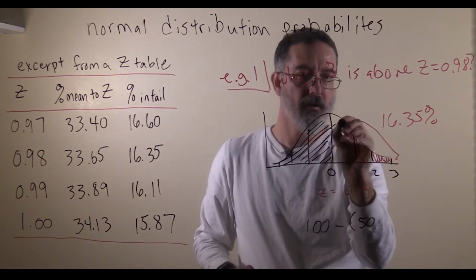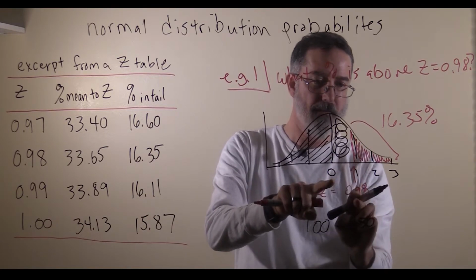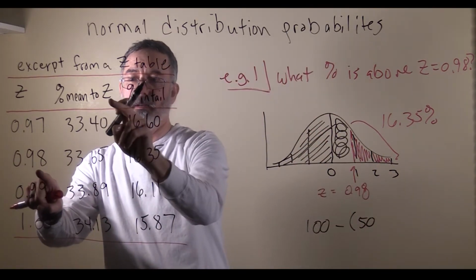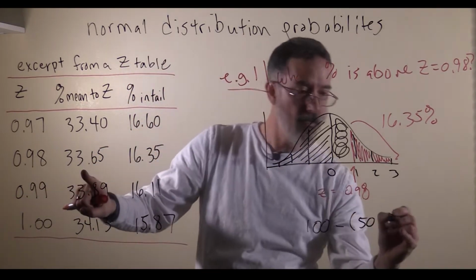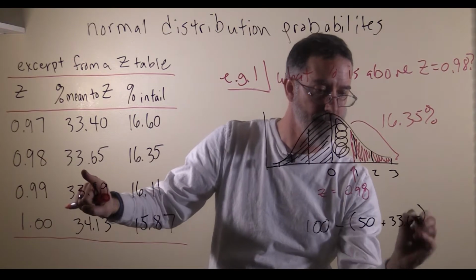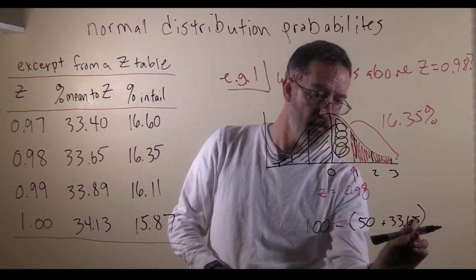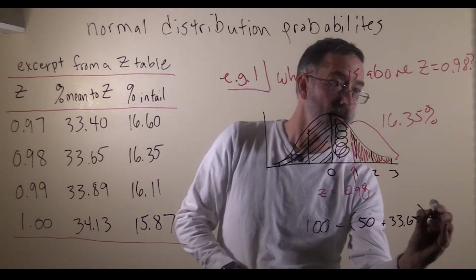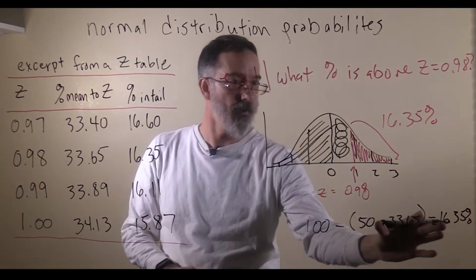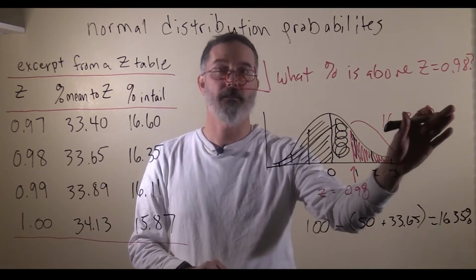But we also need to get rid of this stuff here in between the mean and the z of 0.98. So in between the mean and 0.98 is another 33.65%. So if you add these together, you get 83.65. Subtract that from 100, you're going to get 16.35%. So that's an alternative but mathematically equivalent way of answering this question.